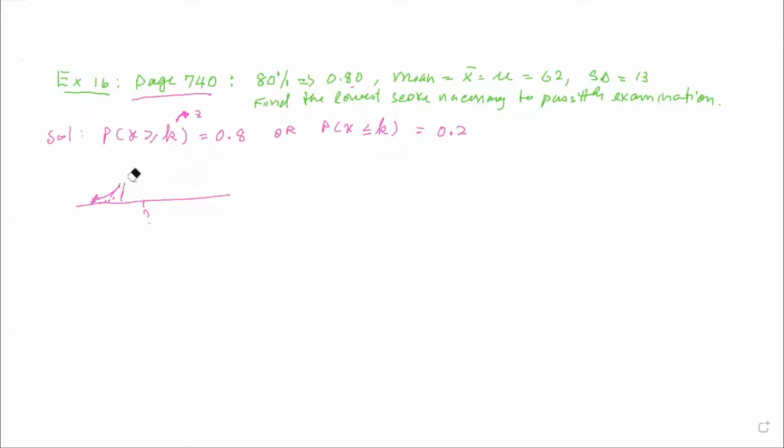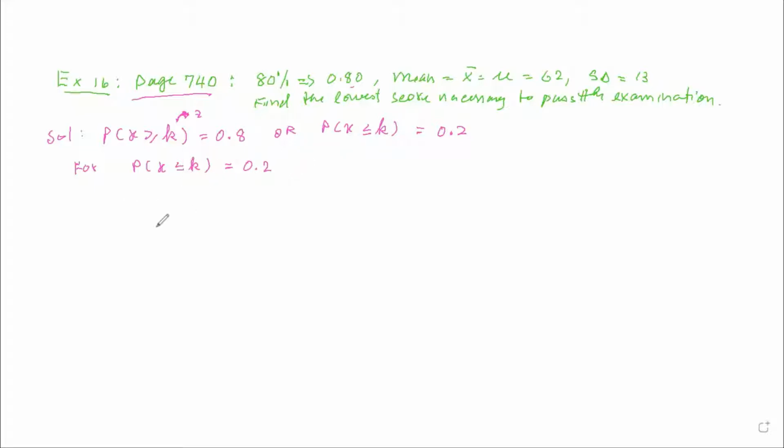Okay, so we start here, working from the less than. We have P(X less than or equal to k), which equals the probability, area under the curve, of 0.2.